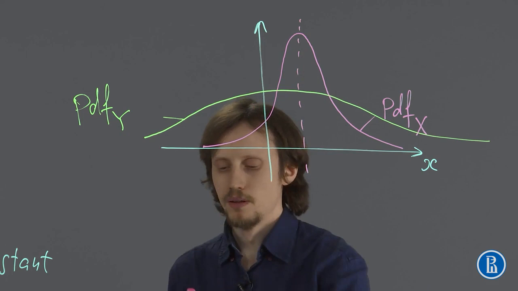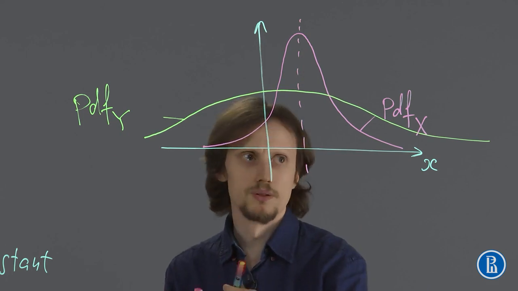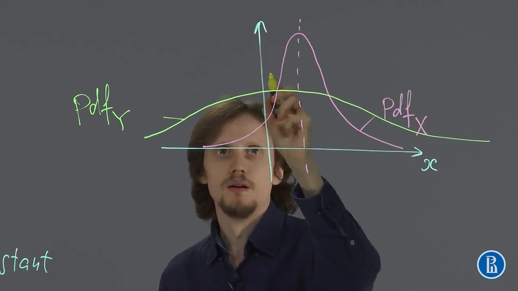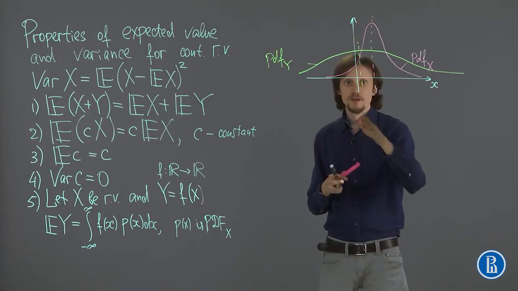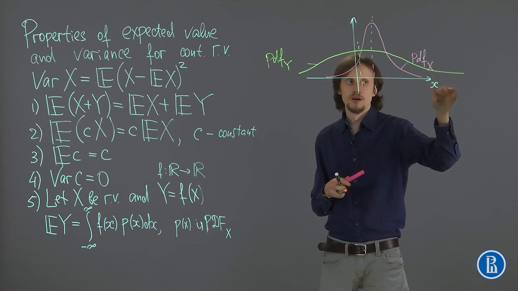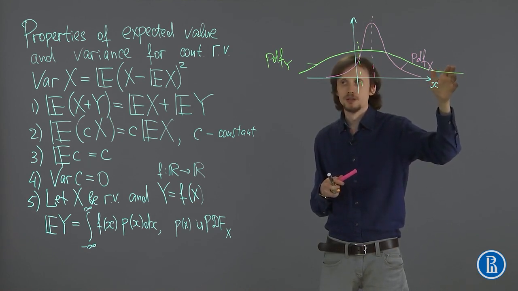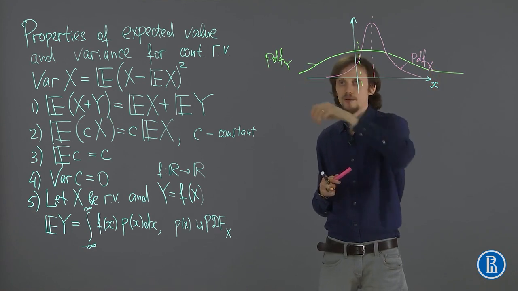But for Y, we can draw expected value, well, somewhere in the middle, for example here. And now we see that even far from expected value, we have some not so small probability to get the value of random variable Y.